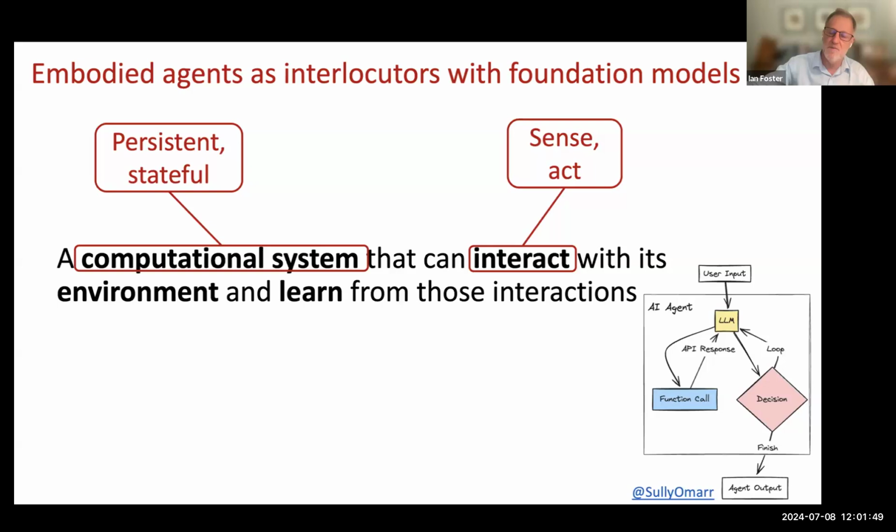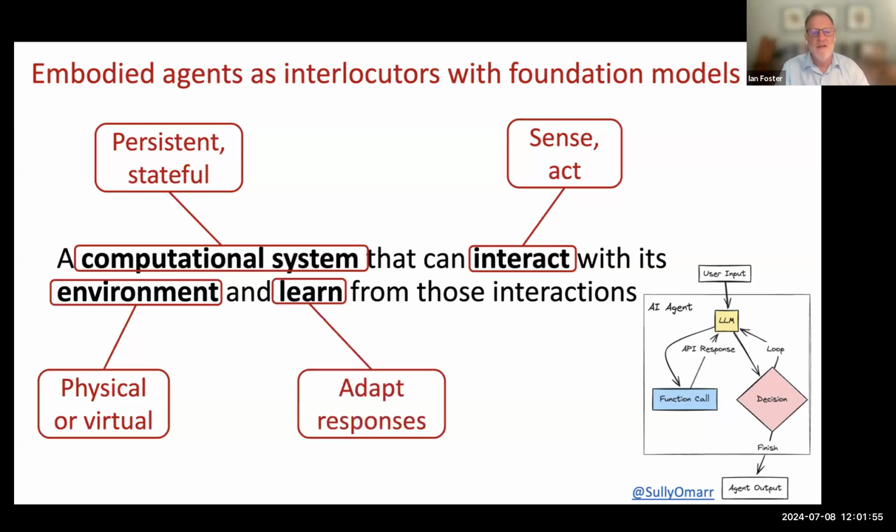It can sense its environment. It can determine the result of an experiment or a simulation. And then it can adapt its responses over time to learn from those interactions. So I myself see the future of AI for science as being about building embodied agents of this sort. And that's perhaps where we get the next dehobbling step for our foundation models.